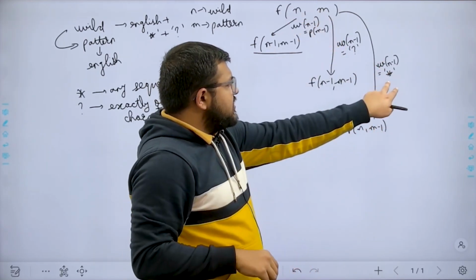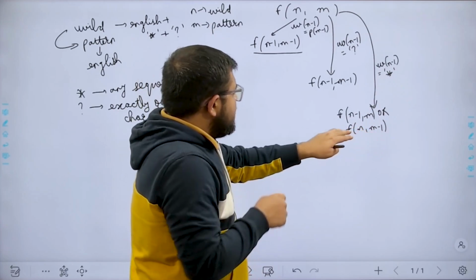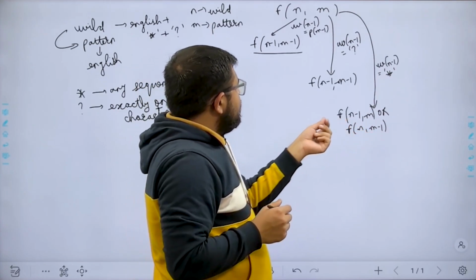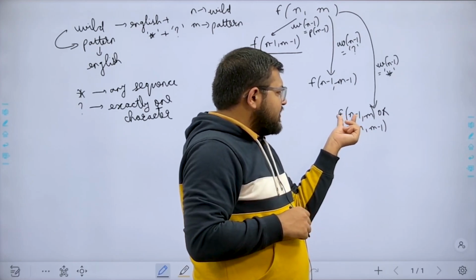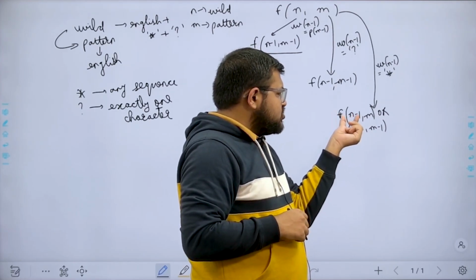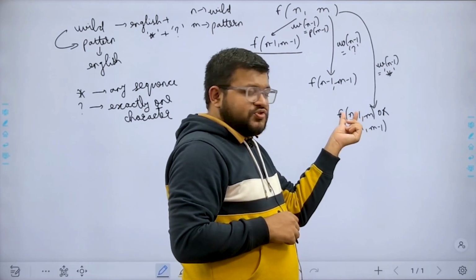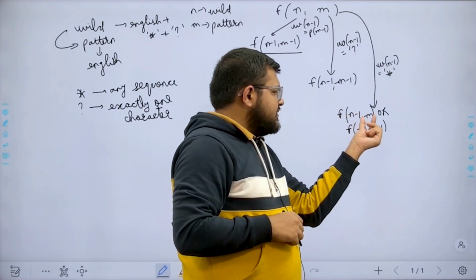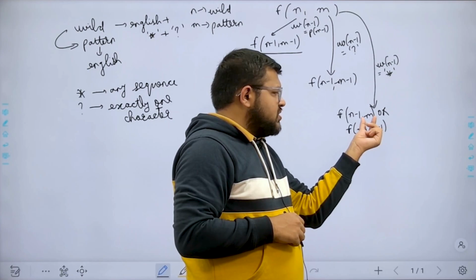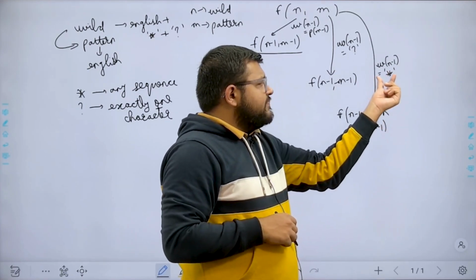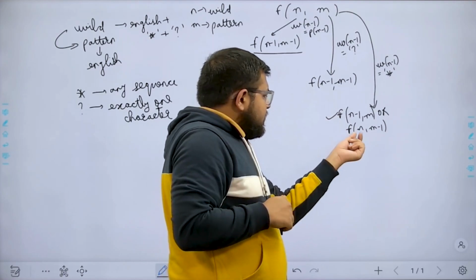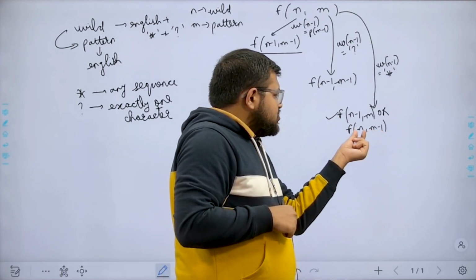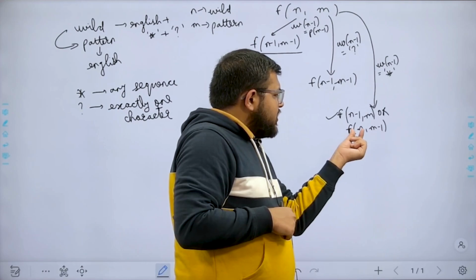If the last character is a wildcard character, then what I can basically do is, if the remaining n-1 characters of the wild string can generate the m length string of the pattern, then I can keep this star as empty. Or if the remaining string can be generated using all the complete characters.